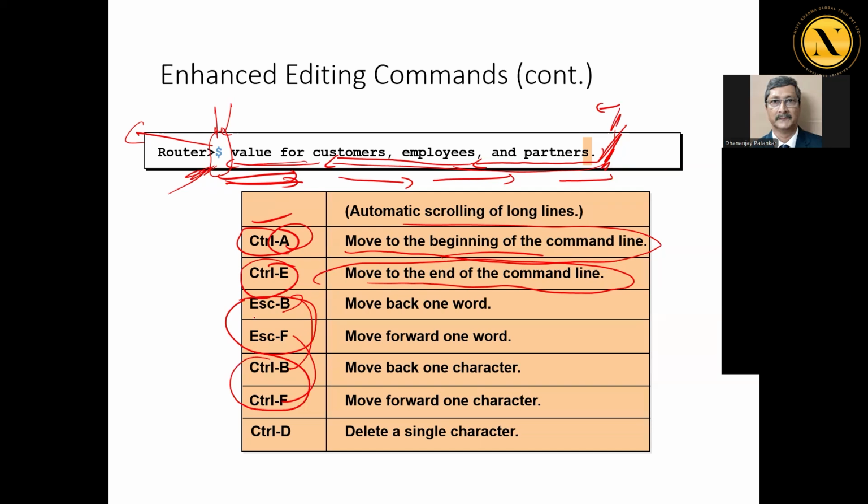So Control B and Control F move back and forward just one character. But Escape B and Escape F move one full word either forward or backward. So more effort, right?